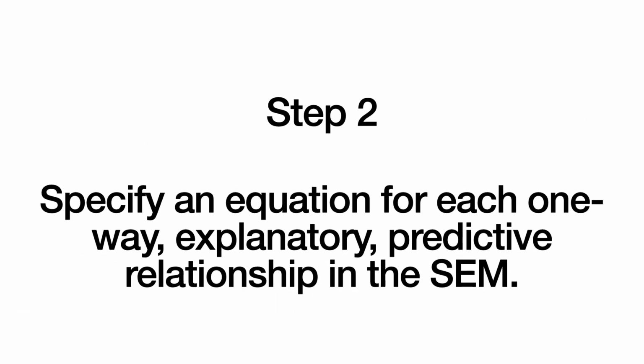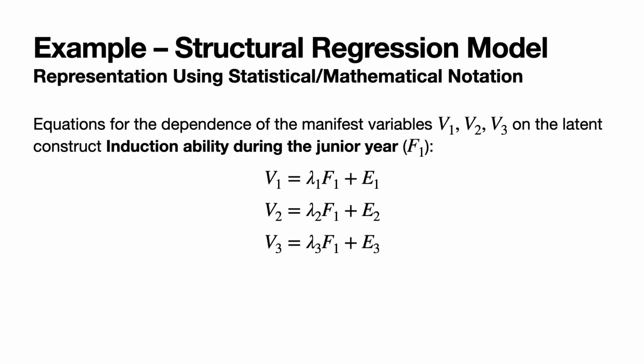Next, let's look at step 2. Specify an equation for each one-way, explanatory, predictive relationship in the structural equation model. And so the equations for the dependence of the manifest variables V1, V2, and V3 on the latent construct induction ability during the junior year, or F1, are as follows.